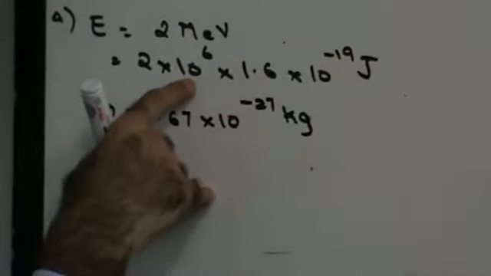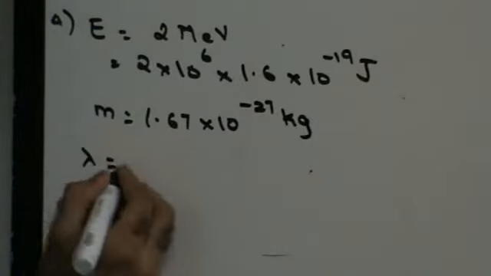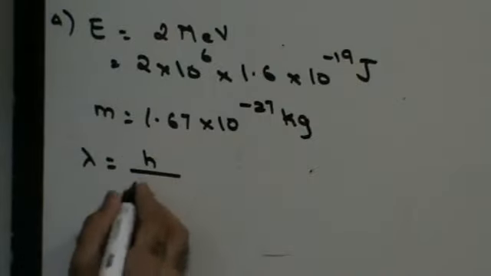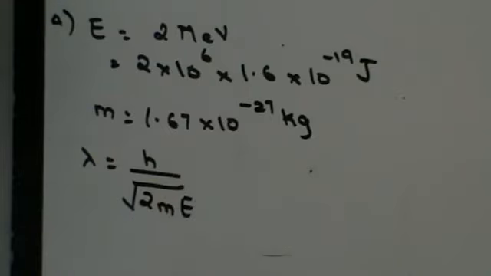Mega, therefore multiply by 10 raised to 6, electron volts to convert into joule, 1.6 into 10 raised to minus 19. So that's how you will get that answer. Okay. Now they've asked me to find out de Broglie's wavelength. De Broglie's wavelength is h upon square root of 2mE. Planck's constant we know.